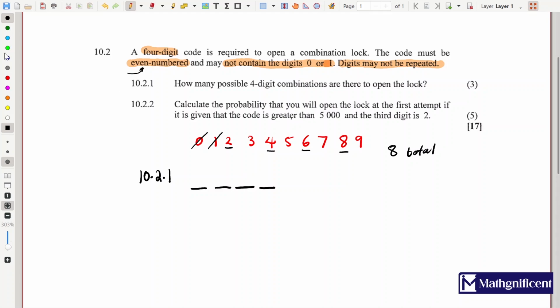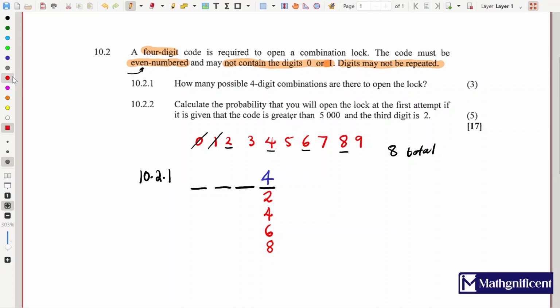We have already covered that for a code to be even, it should end with 2, 4, 6, and 8. We always start with the restriction. So our restriction here is the last digit, and we have 4 choices to choose from. This is the only restriction that we have.